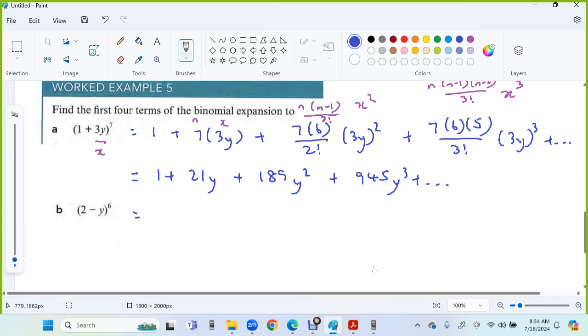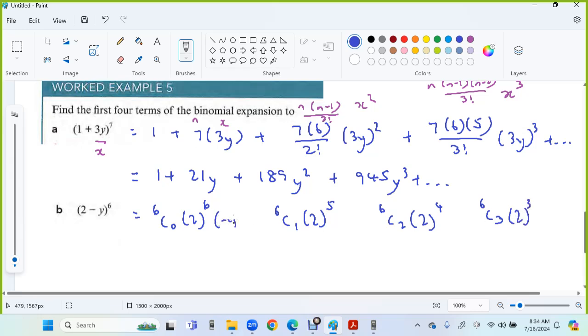If I do this, then I will have 6C0, 6C1, 6C2, 6C3, 2 to the power of 6, 2 to the power of 5, 2 to the power of 4, and 2 to the power of 3. And then we have negative y to the power 0, negative y to the power 1, negative y to the power 2, negative y to the power 3.